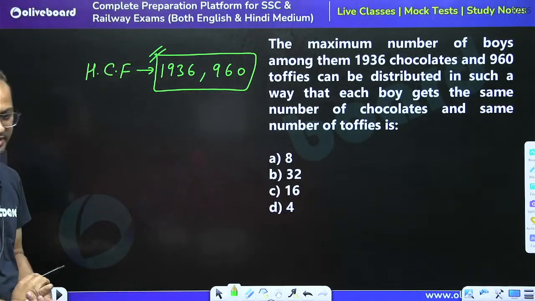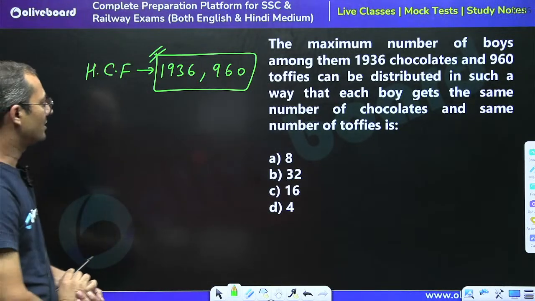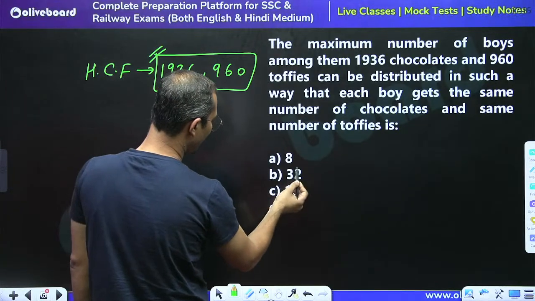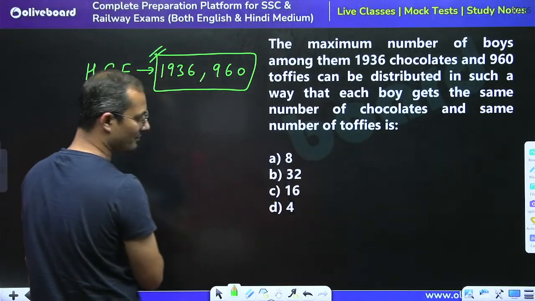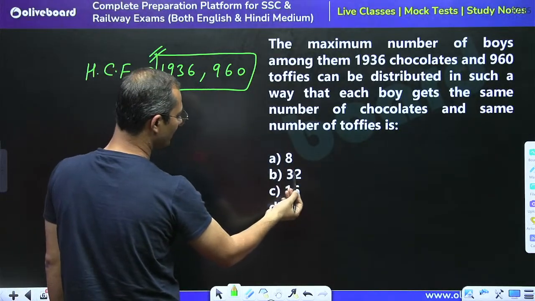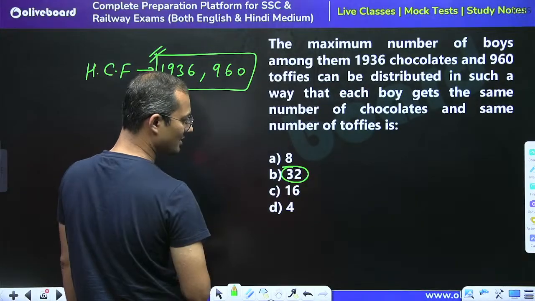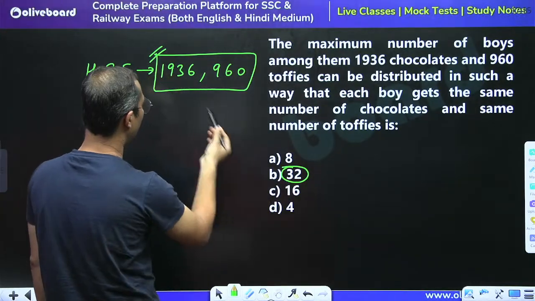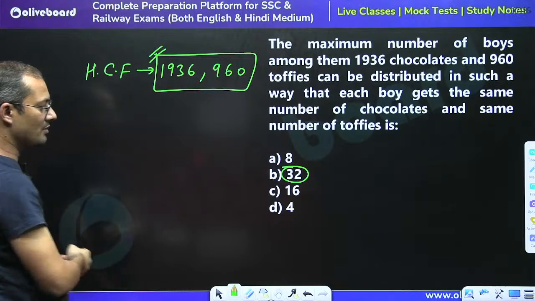Now tell me what is the right answer. We can check it by option, right? Can we divide it by 32? 32 is the highest number. Now tell me, can both numbers be divisible by 32?